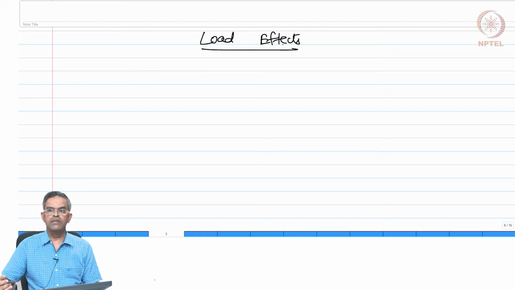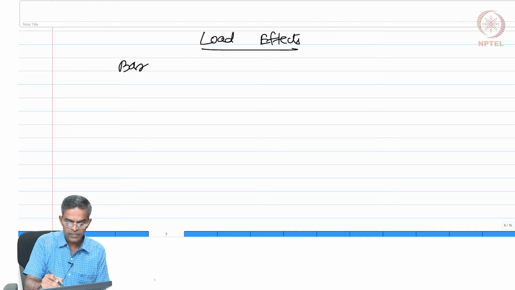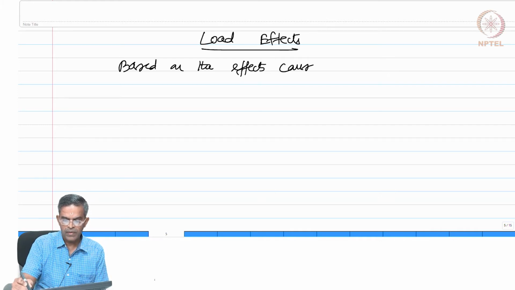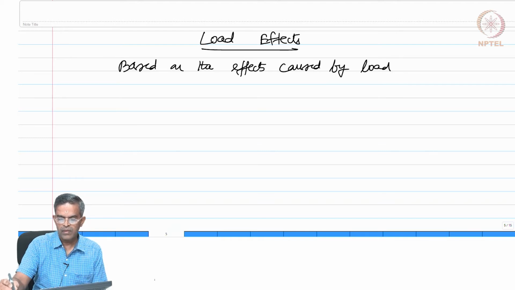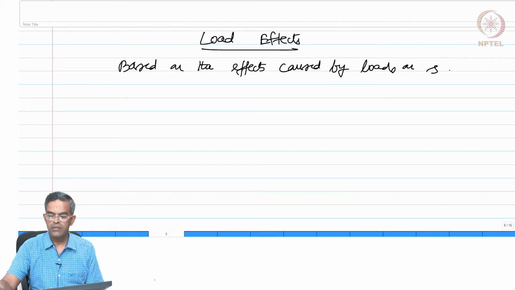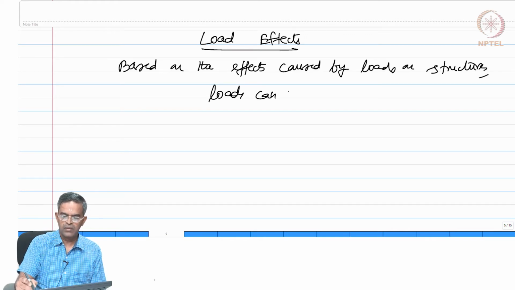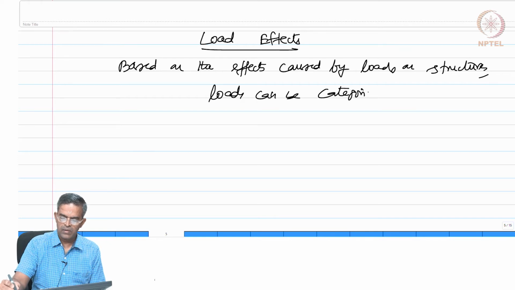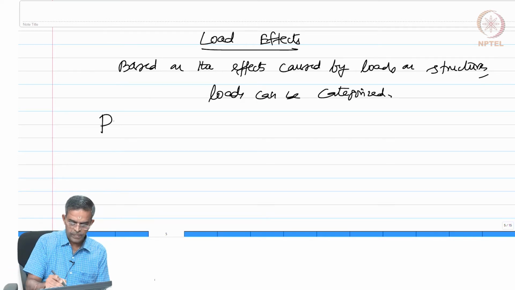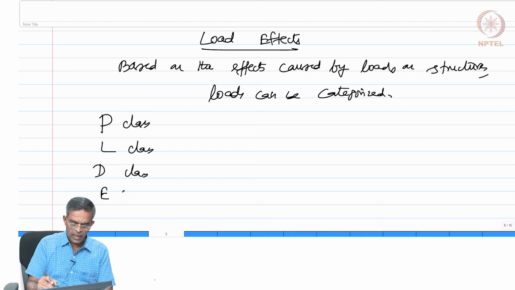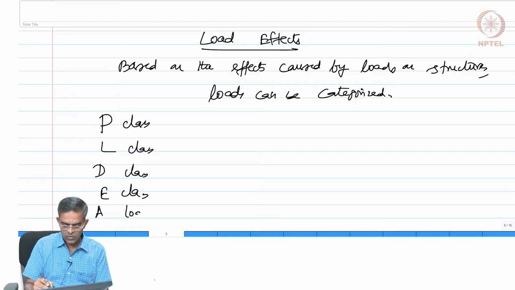Based on the effects caused by the loads on structures, loads can be categorized as P class load, L class load, D class load, E class load and A class load.